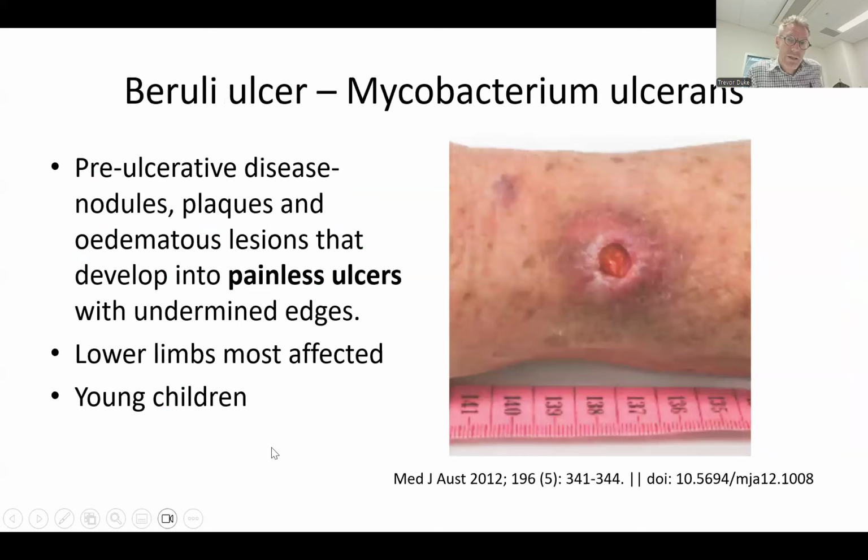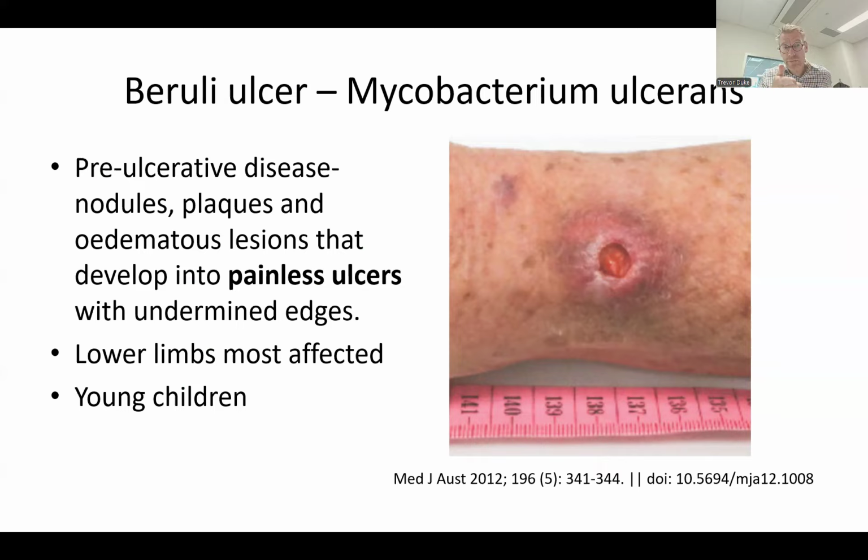Mycobacterium ulcerans is probably more common than what we think, and you'll see the characteristic features are that it is painless. Many granulomas are painless. If they're suppurative, like staph or foreign bodies, then they're usually painful, but other types of granulomas are often painless.